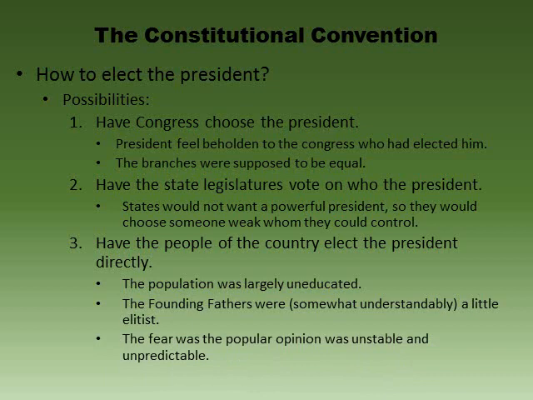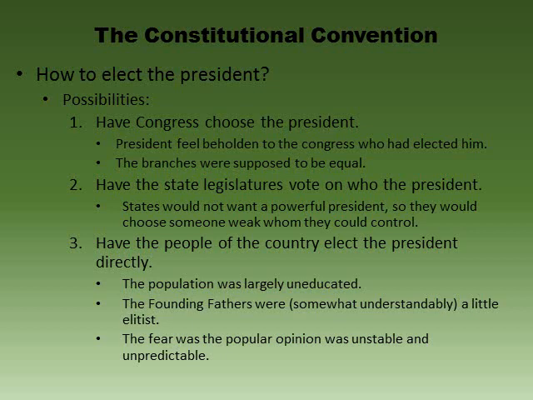Also, they had kind of a natural suspicion of popular opinion. They felt that popular opinion is unstable and changes on a whim. It's unpredictable. And again, we want a stable government. We don't want a government that just changes its mind every 5 minutes. And so they felt that if we let popular opinion play too much of a role by letting the people elect this person, that might be trouble, because people's minds change fairly easily.